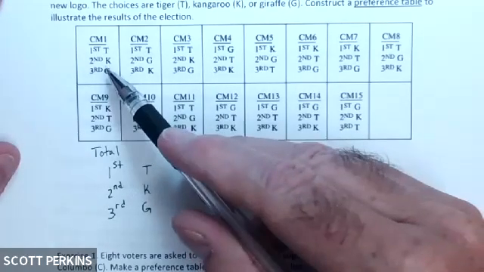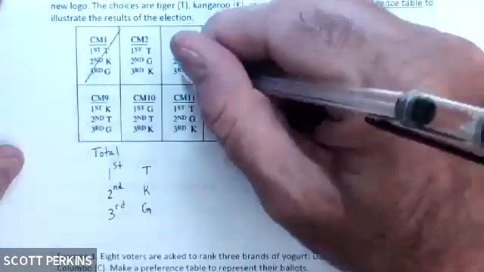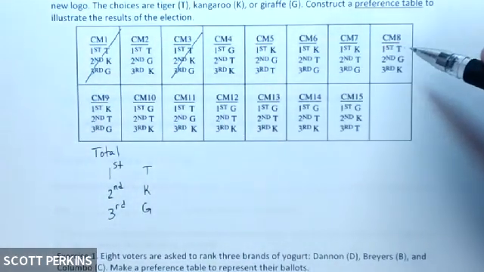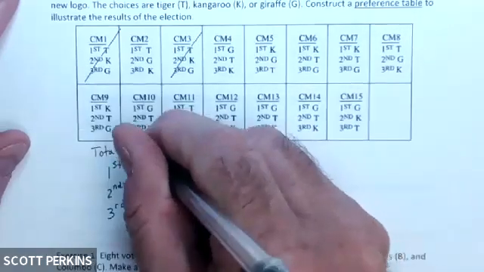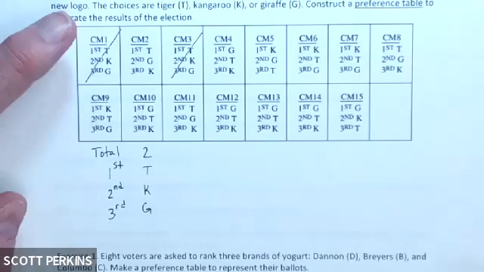Person one, I'm going to cross out so that I don't duplicate. Person one picked TKG. Person three picked TKG, so that's two. Who else? That's it. So two people submitted that, so the total is 2. Everybody see what I'm doing here? I don't think this is hard, but just in case you're not reading my structure, there it is. Now I'm going to move to the next person.